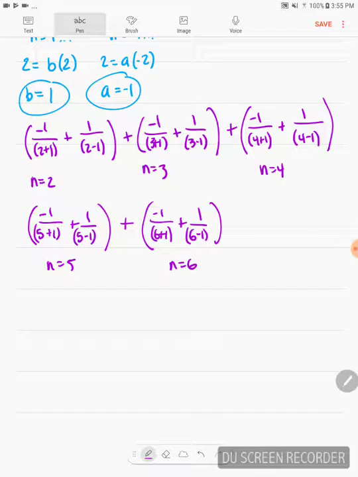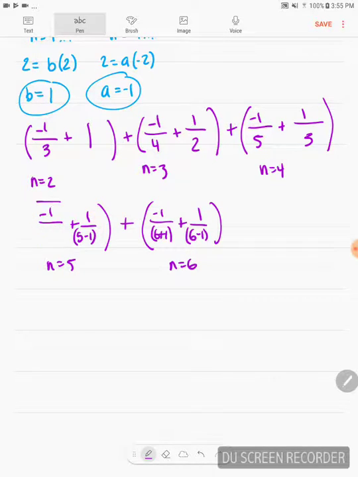Now that looks a little weird, so we're just going to go ahead and evaluate the bottom. So this is 3, this is 1, that's just 1, 4, 2, 5, 3. You'll probably notice a pattern here. 6, 4, 7, 5.